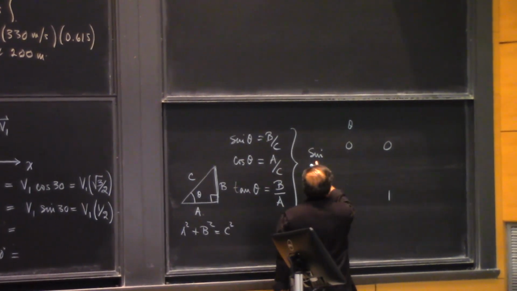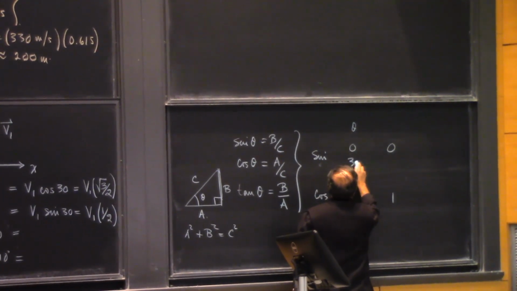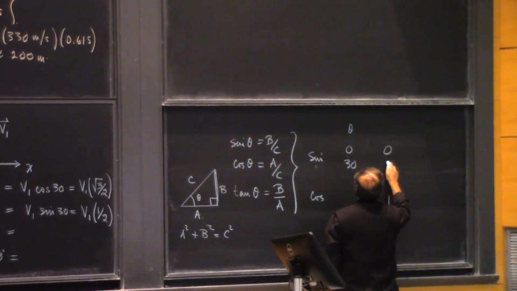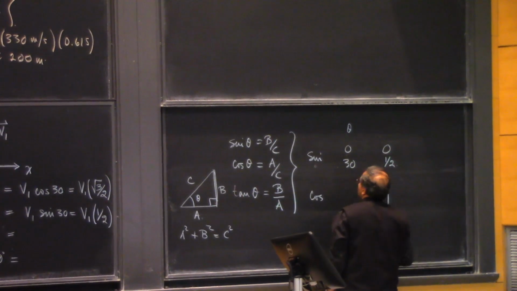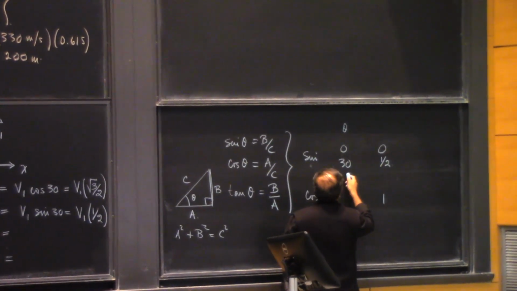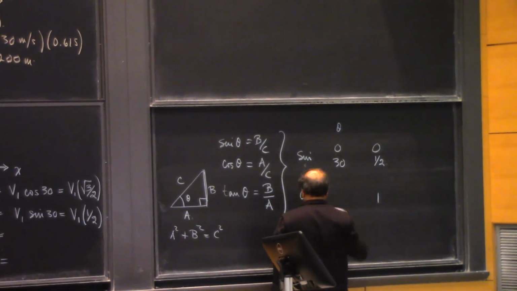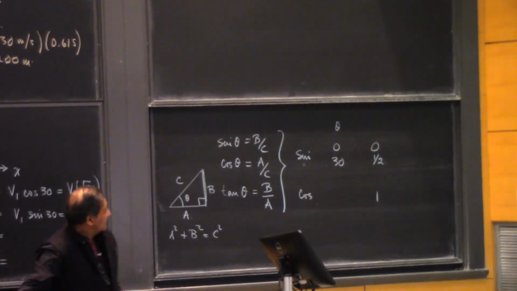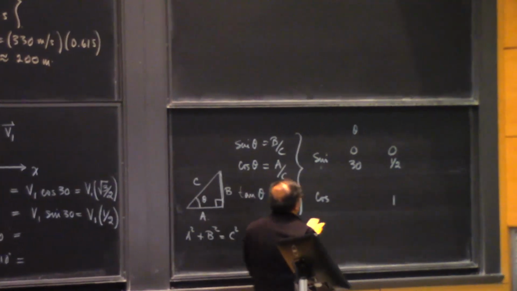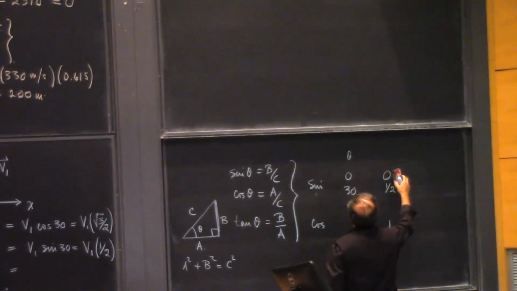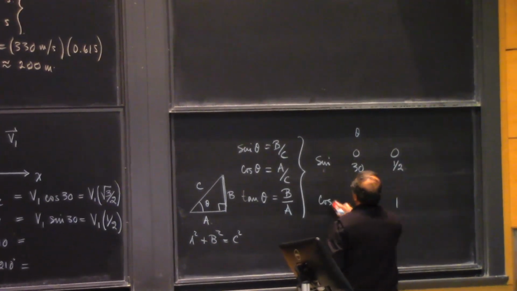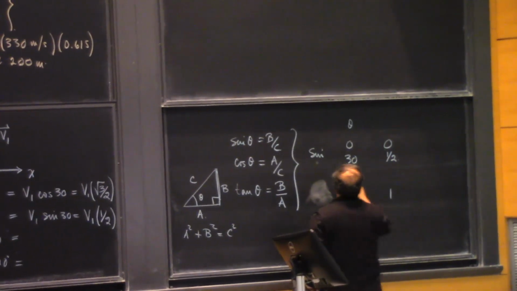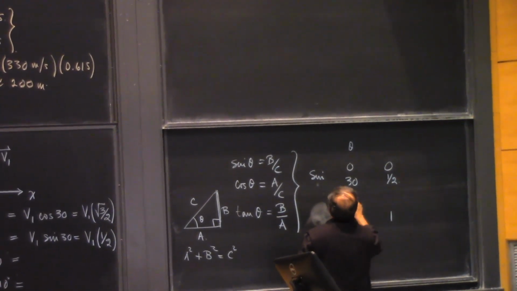The next one that is very simple is sine of 30. And sine of 30 is actually a half. Let me just do the sine first. Sine of 30 is a half.